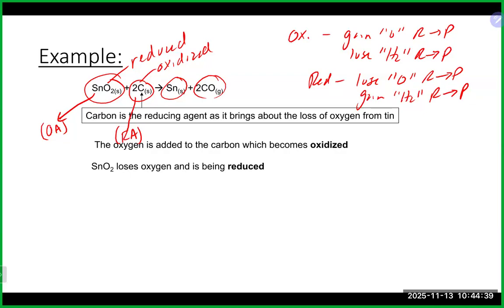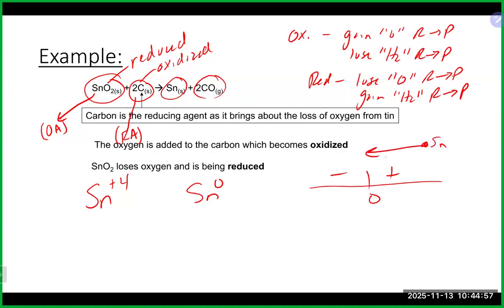Now, in this particular case, you could still look at the tin because you do have a metal here. And if you look at the tin on the left-hand side, that's a +4. And if you look at the tin on the right-hand side, that is a 0. So once again, if you pop that onto the number line, starting at +4, ending at 0, becoming more negative, it is going to be reduced in this case.